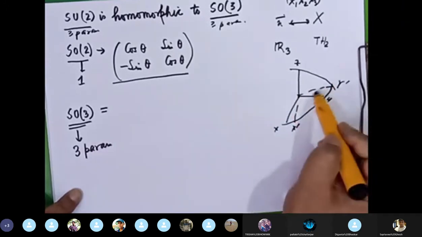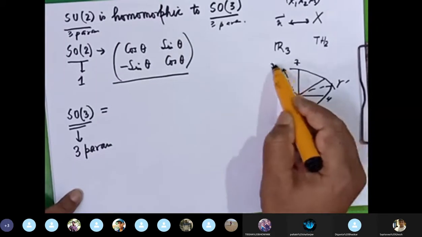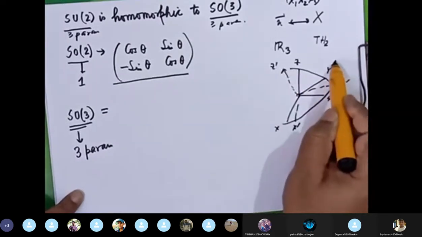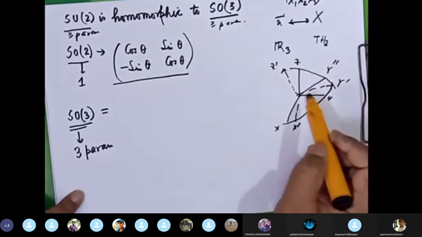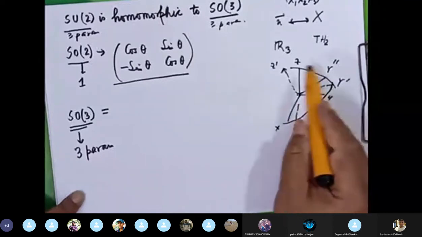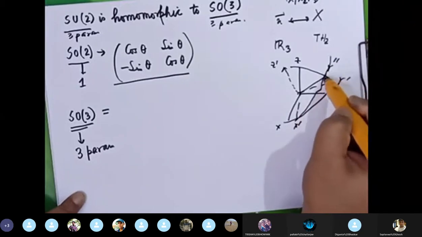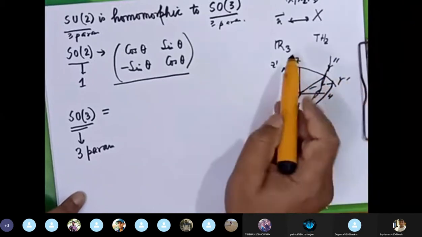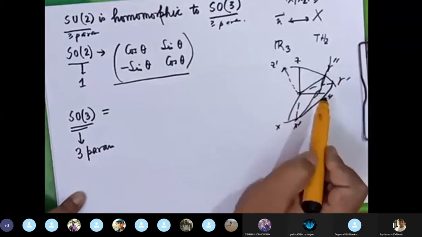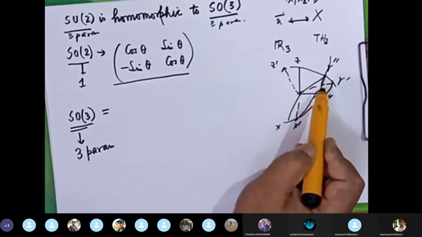So this moves up, this moves up. So this becomes z prime, this becomes y double prime. And then again, new axes you get x prime, y double prime, z prime. In this plane, with respect to the new z axis, you give another rotation. These three are conventional angles called Euler angles.